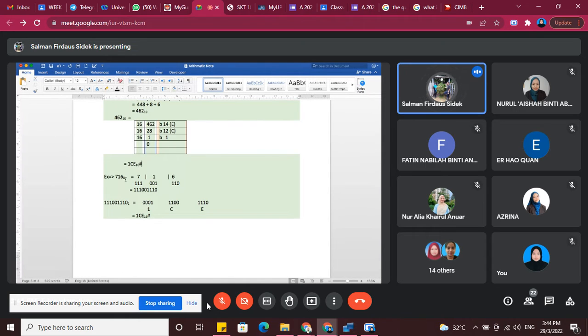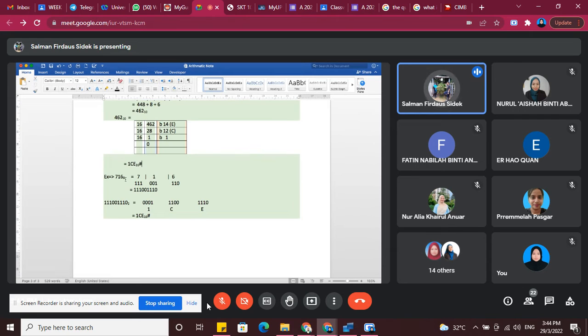Saya nak bagi awak satu apa sebenarnya bila saya mengajar tentang octal dengan hexadecimal. To be converted from binary. Selain daripada tu, more to more simple word. Tadi your friend told us that we learn about binary because machines speak in binary language.